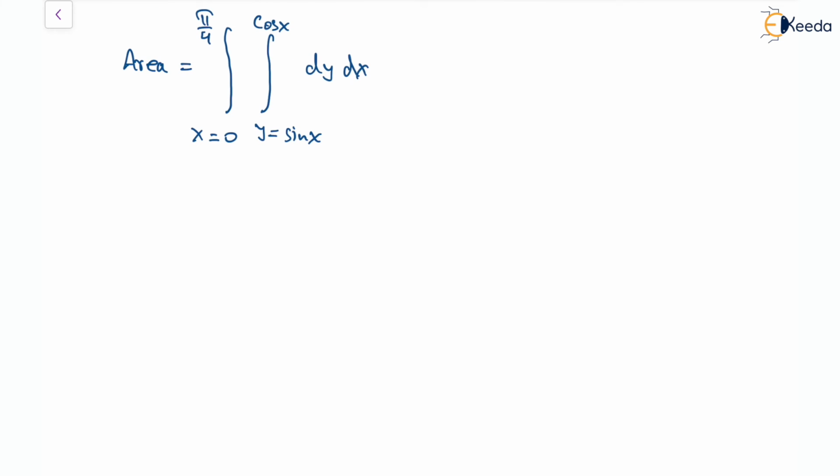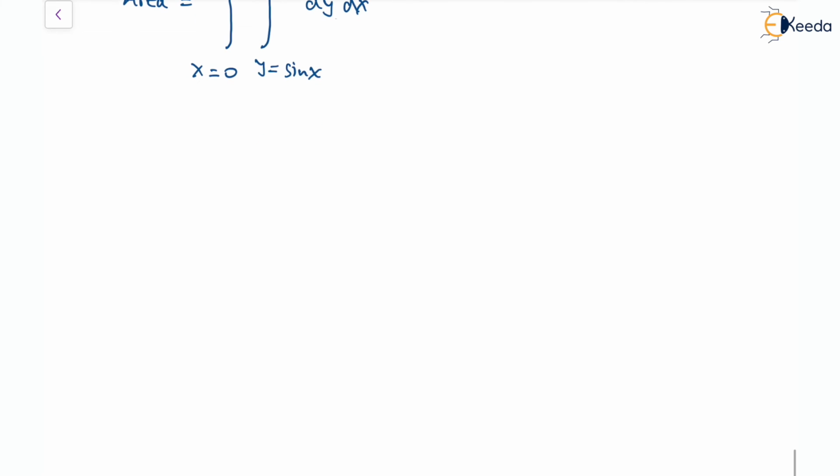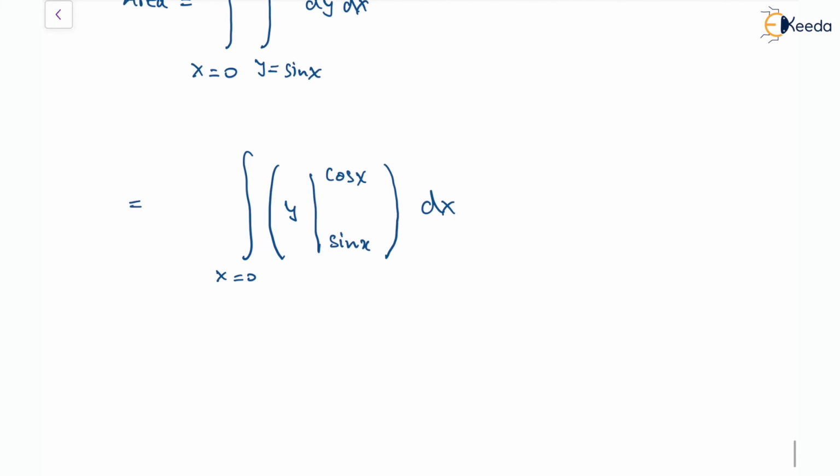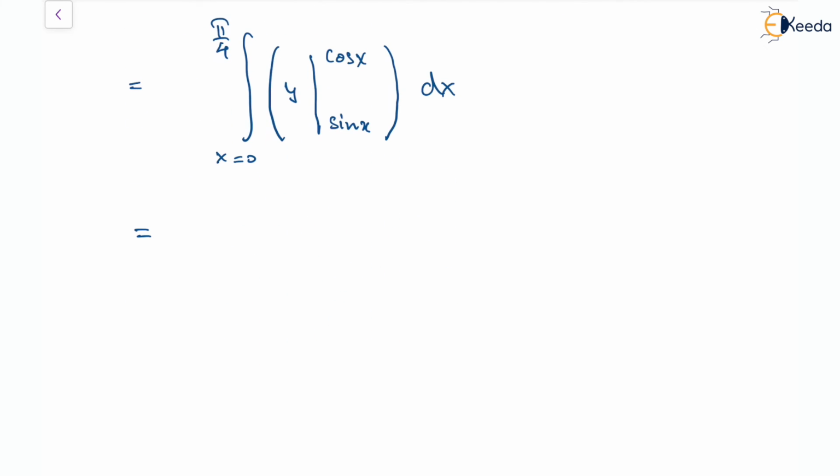Integrating in terms of y, dy will give us y, with the limits sin x to cos x, and this whole thing gets integrated in terms of x from 0 to pi by 4.